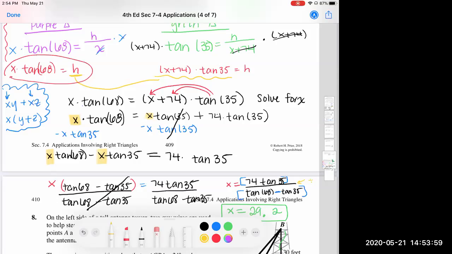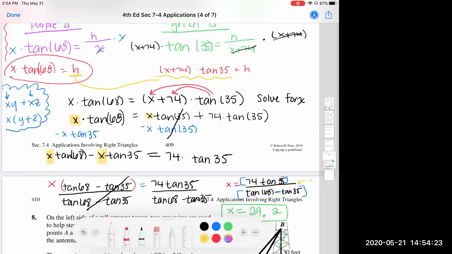So let me guide you through it. Clear it out. Do an open parentheses and then type in 74 times the tangent button 35. Now I'm guessing it leaves an open bracket once you click 35. Close it. Okay. Close your bracket. Now close it again to close out your numerator.